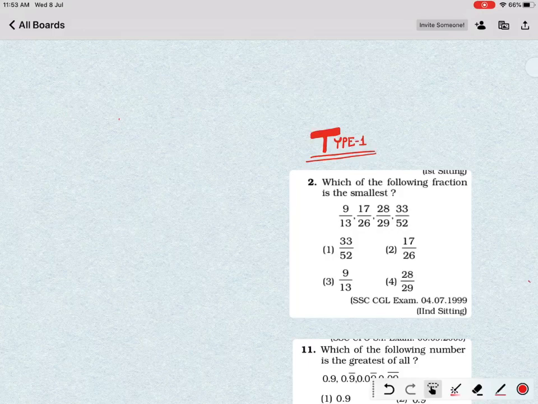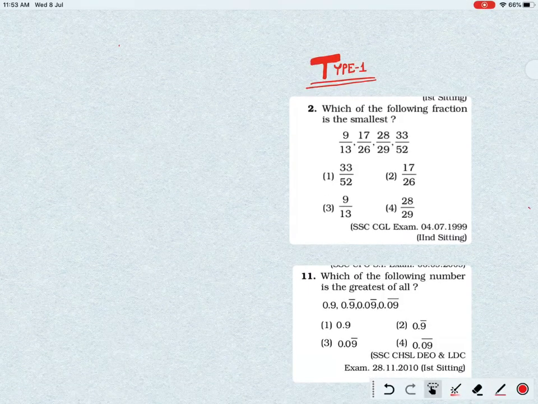So let's start. The first question itself says, which of the following fraction is the smallest? So you need to compare. Now we'll go by cross multiplication method here. So the first fraction is 9 by 13, and 17 by 26.